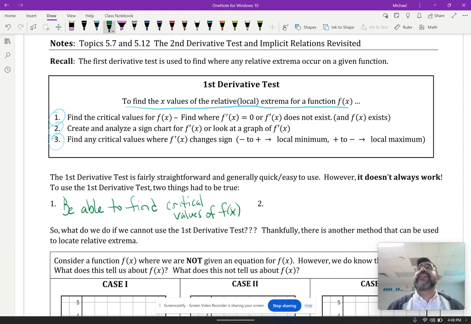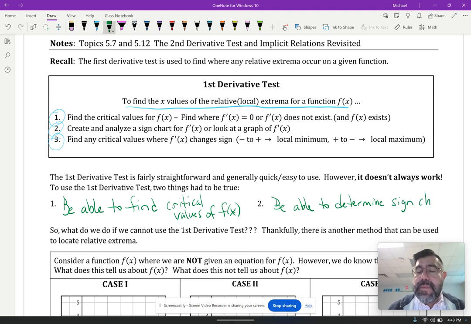And then the second thing we need to be able to figure out is we need to be able to determine a sign change in f prime.